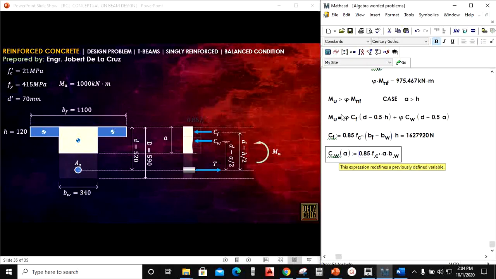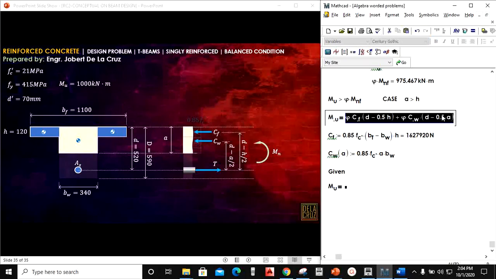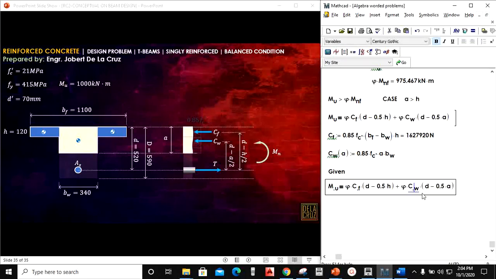So, again, ibabalik ko dito yon. MU, let's say this is my given equation. Given. Okay, so MU is equals to, ito, the same lang dito lahat. Okay, I'll just copy this one. But, take note, I let CW as a function of A. Again, don't misinterpret this one.